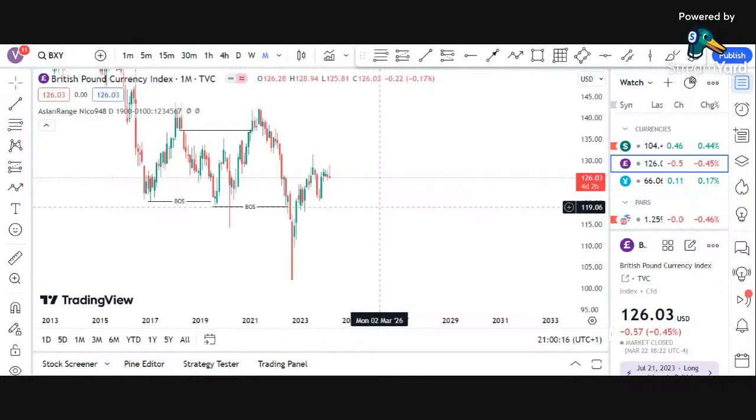Remember, when the GBP currency index is coming down, GBP USD will be coming down. So if you understand that your dollar index is going up and your GBP is coming down, then you can trade GBP USD comfortably, trading it downward, because the base currency pairs are in correlation. I don't know if you get what I'm saying.